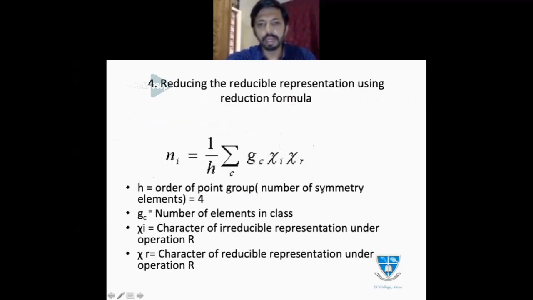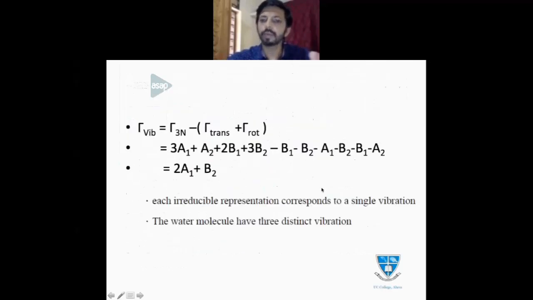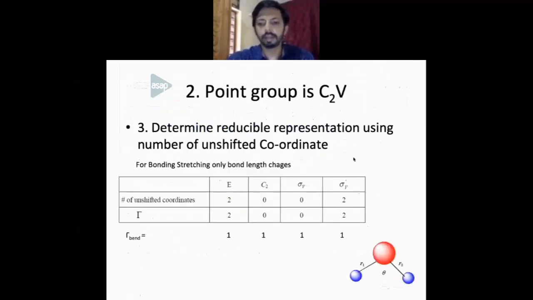In the internal coordinate method, we are using the simpler method, that is, the number of unshifted coordinates. We don't need to measure the number of unshifted atoms. In E, R1 and R2 are not changing, so the number of unshifted coordinates is 2.